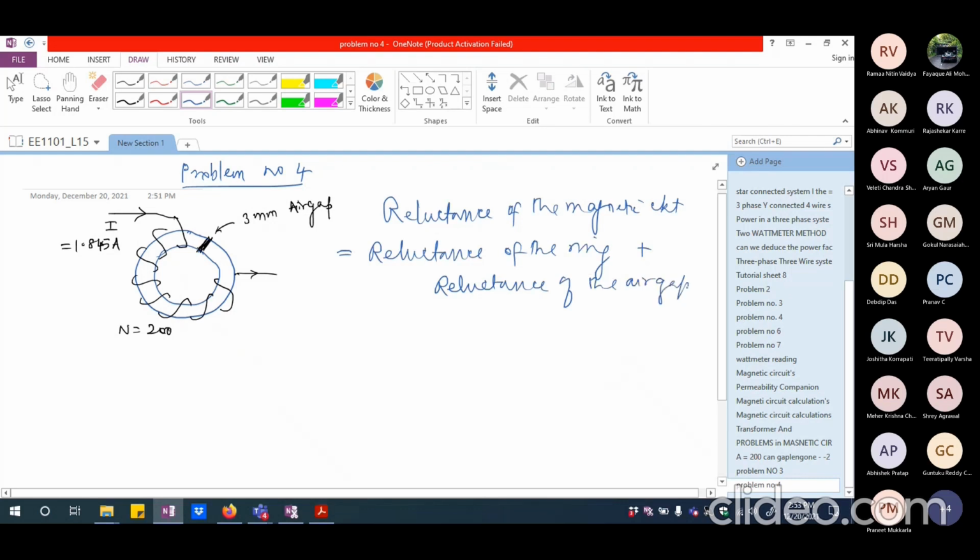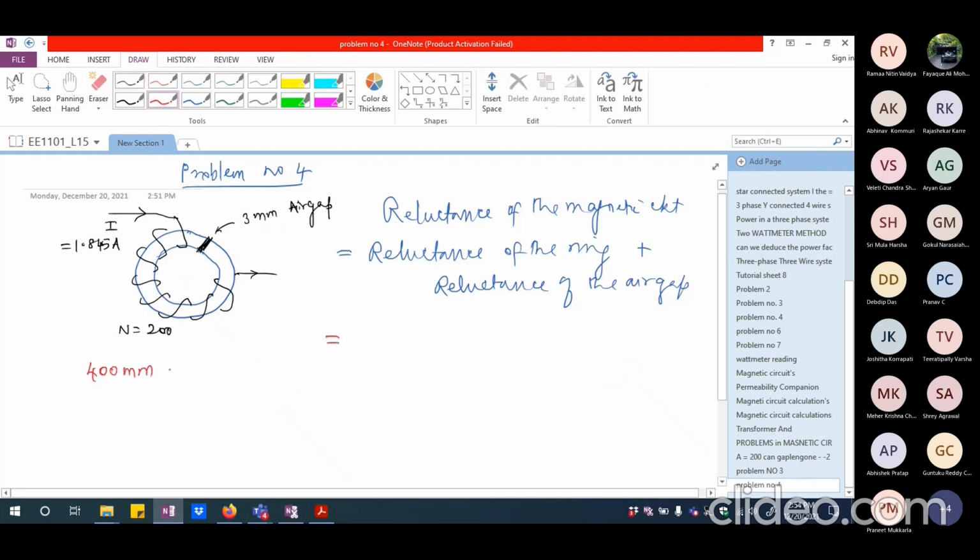These two have to be added together. And that is what is the total reluctance. Okay. So if we say that the original length of the ring is 400 mm.